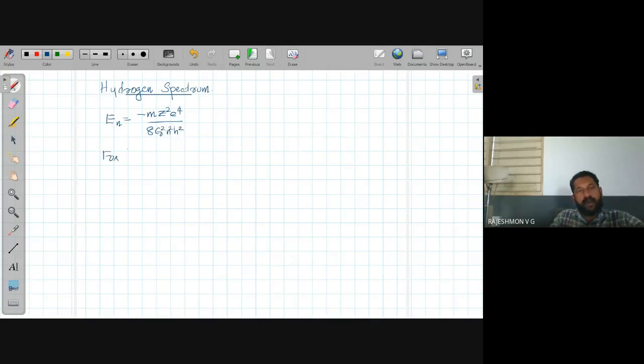For hydrogen, z equal to 1. Consider two orbits with n equal to n1 and n equal to n2.